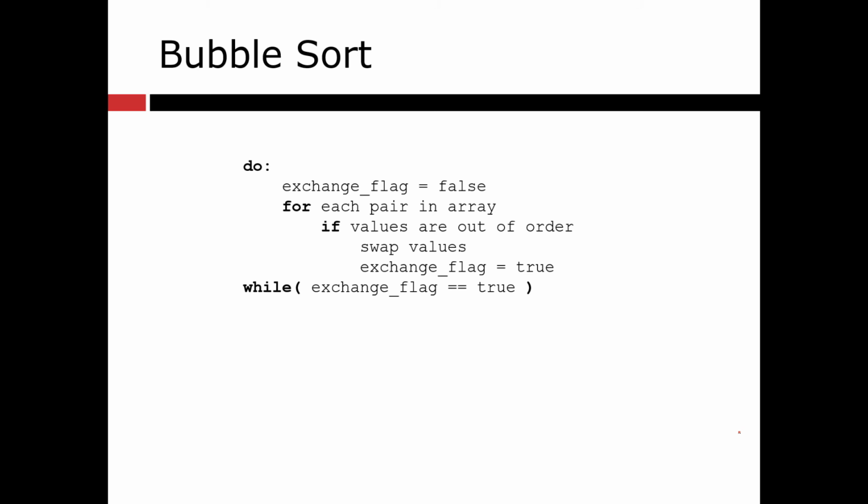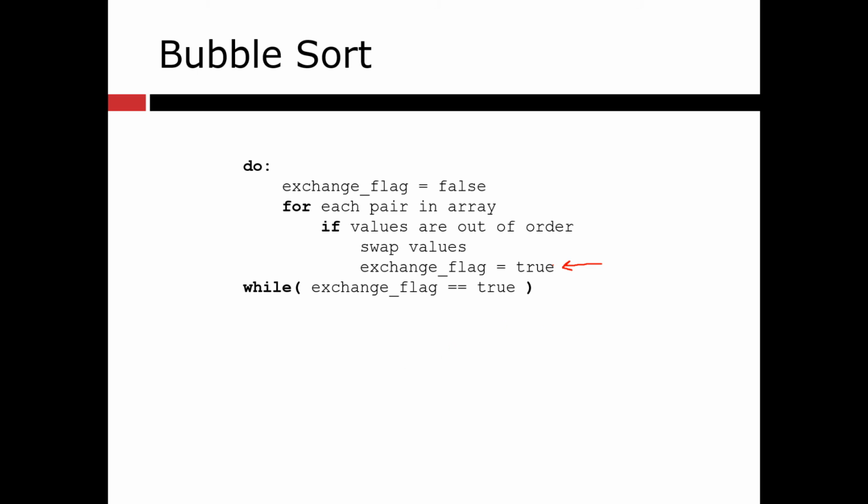You're going to look to see if they're out of order. If they are, you're going to swap them. And you're going to set your exchange flag to be true. So you're essentially keeping track of, did I do a swap or did I not do a swap? And so you're going to keep doing this do while loop until you're able to make it through the entire array without needing to do a swap.